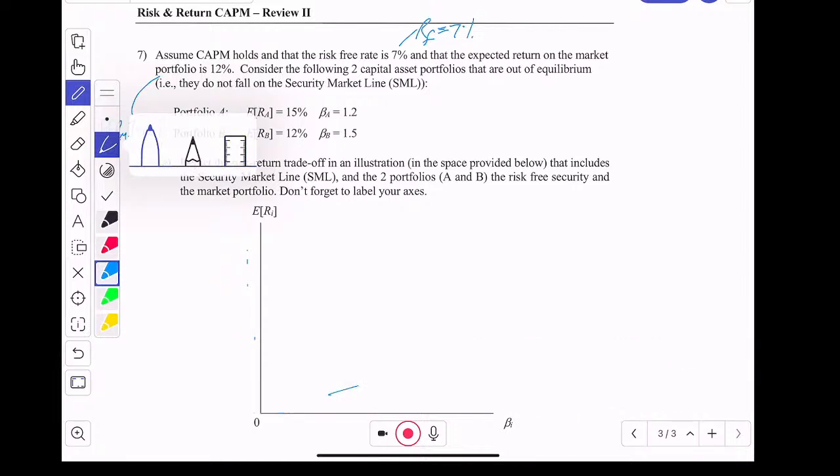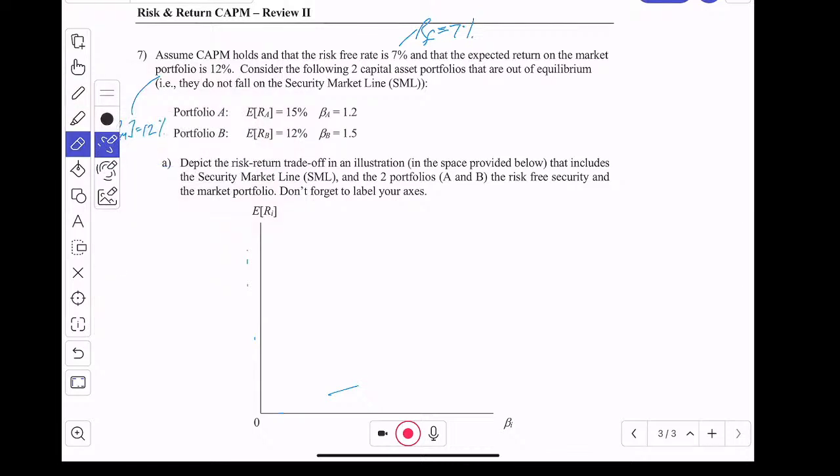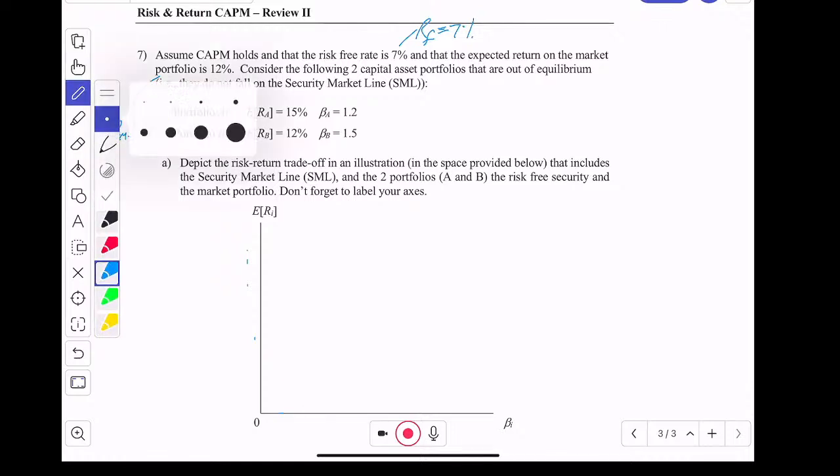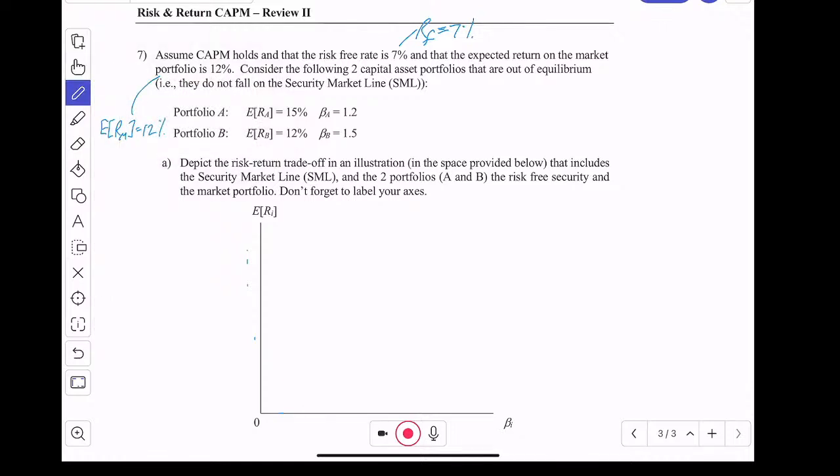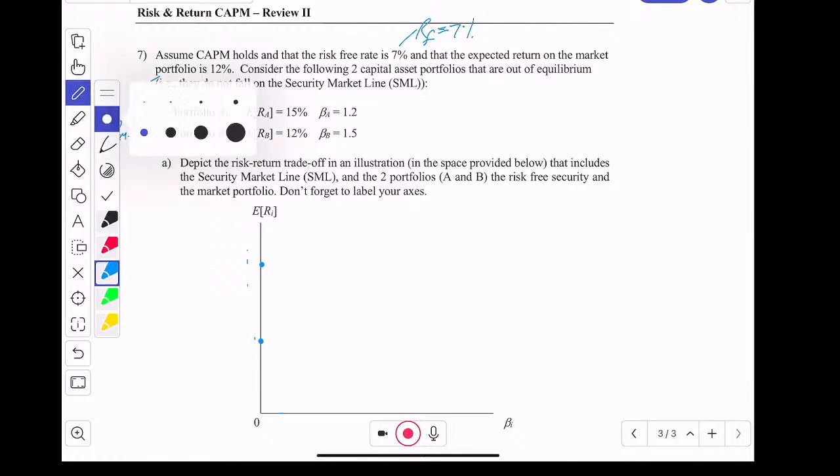But I got what I really wanted. So this is going to be the risk-free rate.